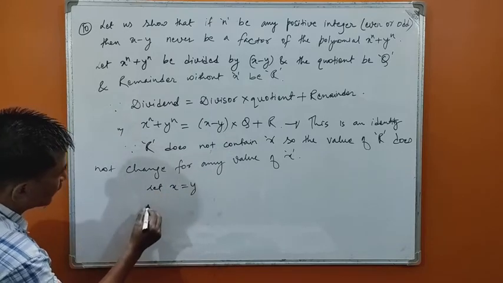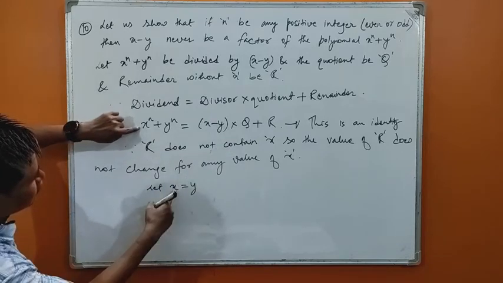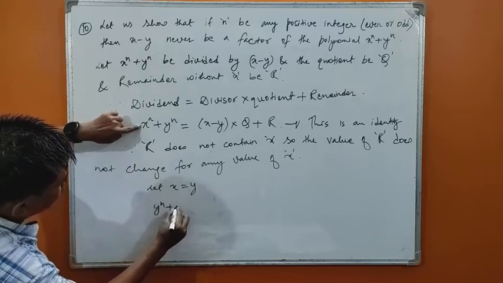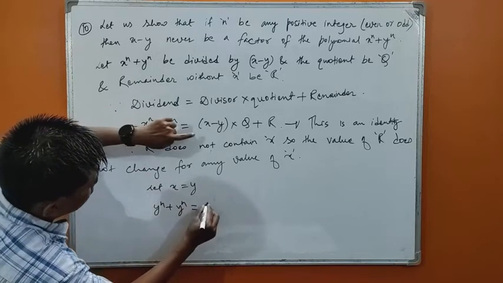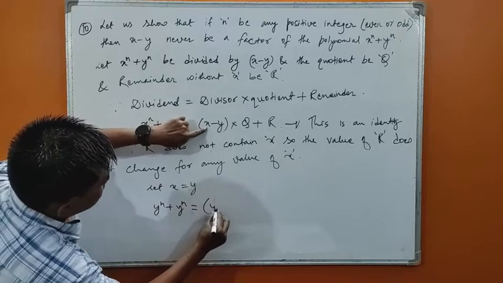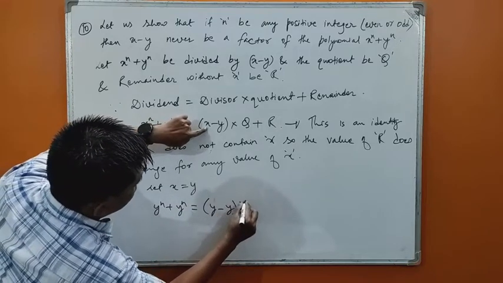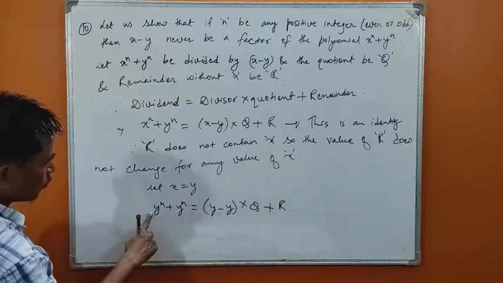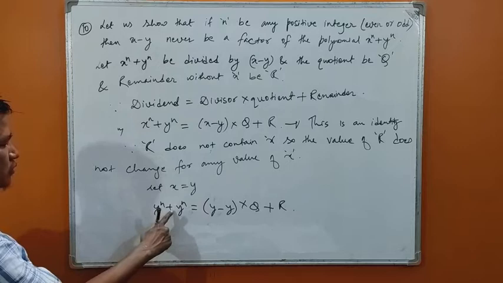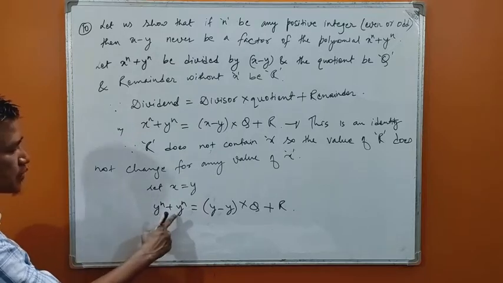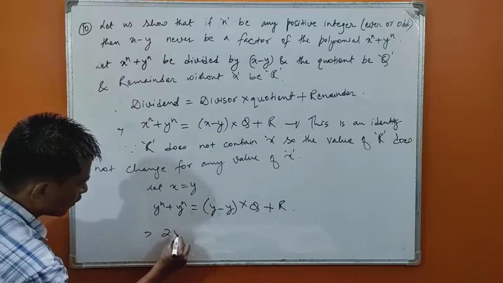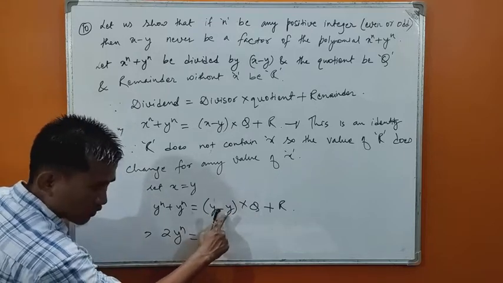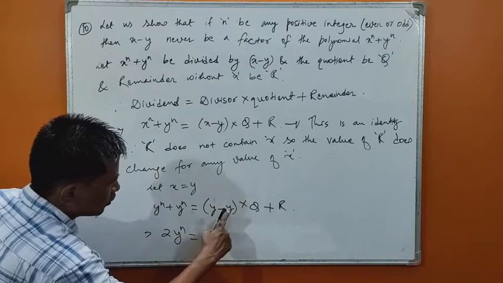Then if I put x equals y in this equation, y to the power n plus y to the power n equals y minus y into q plus r. Both are the same number with the same sign, so they should be added: 2y to the power n equals 0 into q, since y minus y is 0, plus r.